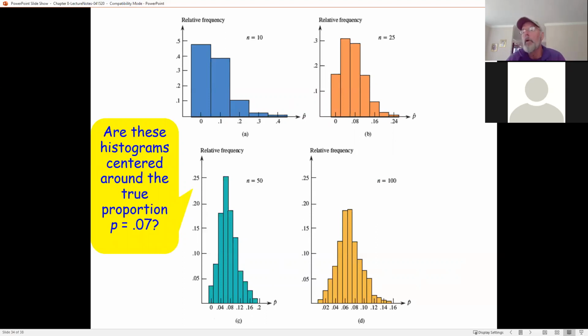Okay. So each one of the histograms is centered right around 0.07. It's hard to call, there's a center here, but each one has a center at 0.07.